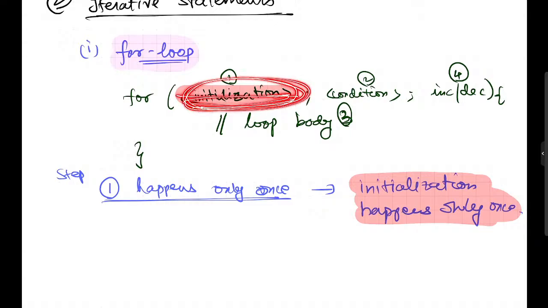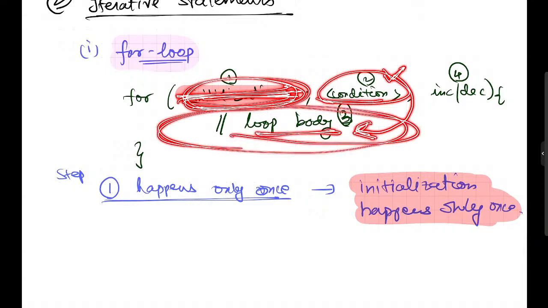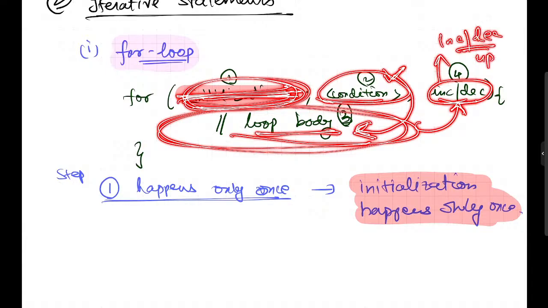So once this is done, once i equal to 2 or 3 is done, then it will check what the condition is. If this is true, then it will automatically go to this body. No matter what, you will go to the body, execute whatever there is in the body, then you will go to the updation. So this step, either increment or decrement that I have written, is an updation step, and this is obviously optional.